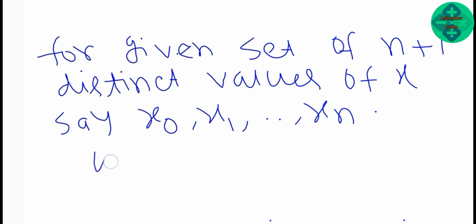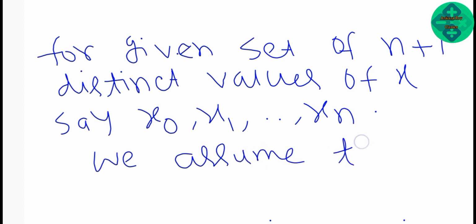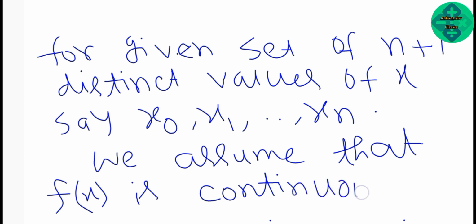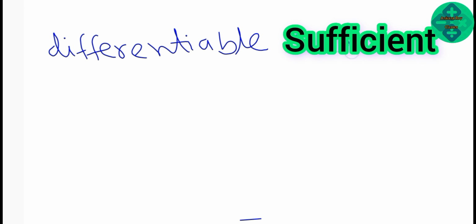That is, we assume that f(x) is continuous and differentiable sufficient number of times.